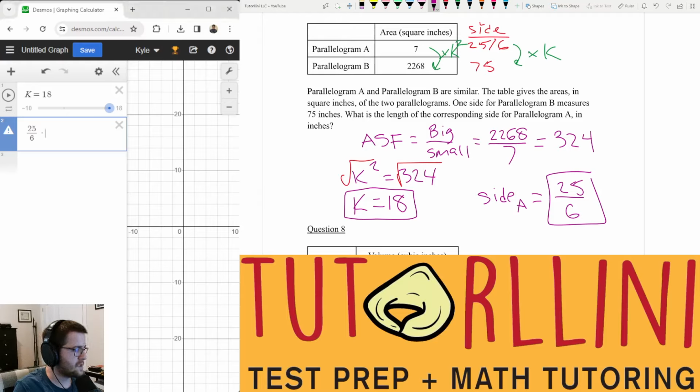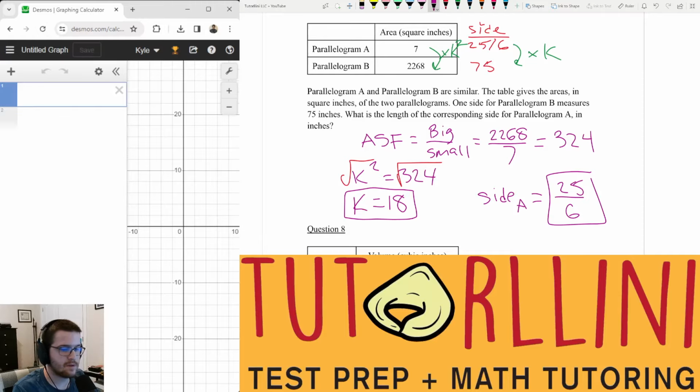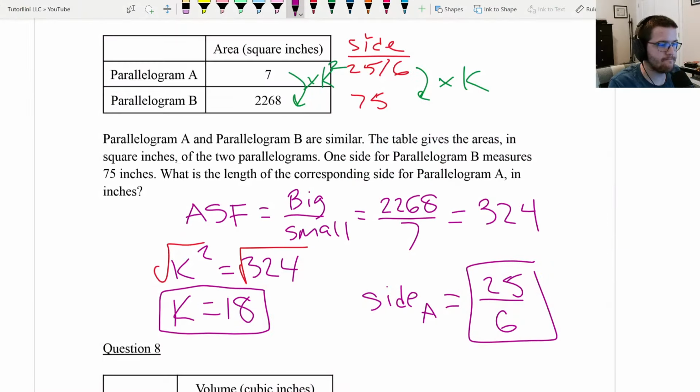So 25 over 6 times K, get 75, looks good. Now let's check the original. 7 times K squared, and I get 2268, so it certainly seems like we did a good job with that. Great, let's refresh. Come back over here.